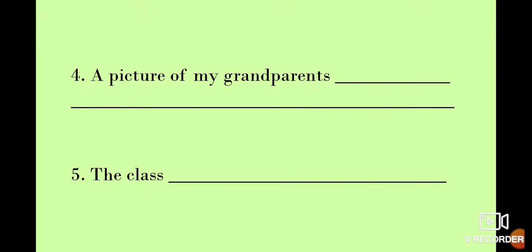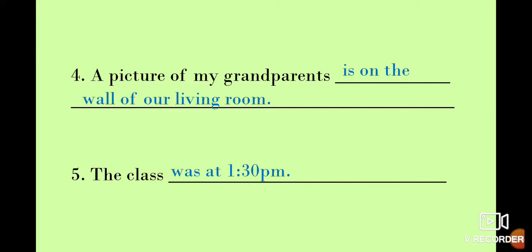Number 4, a picture of my grandparents is on the wall of our living room. The class was at 1:30 p.m. This one is a possibility. Remember, in this part, you can write different ideas, not only the ideas that the teacher gave to you. You can write your own ideas.